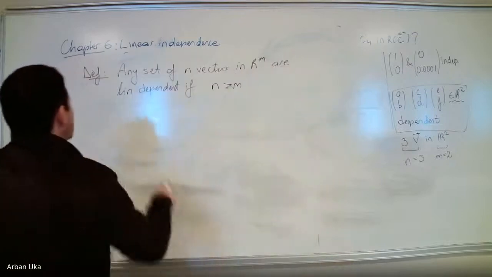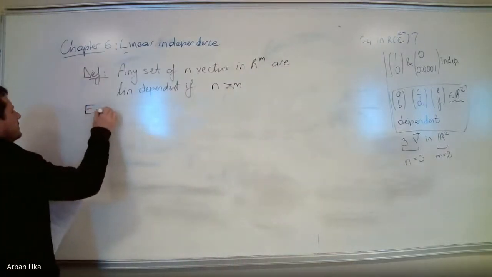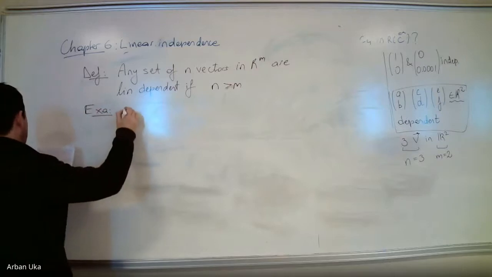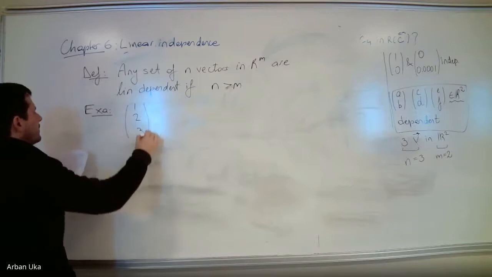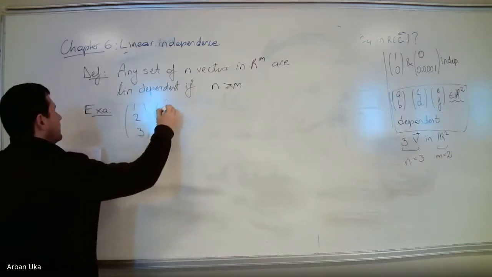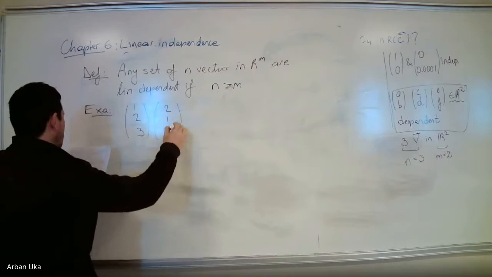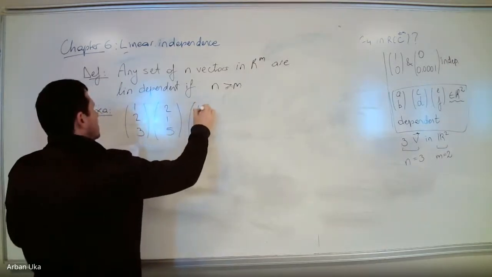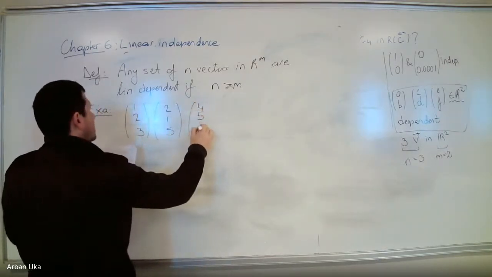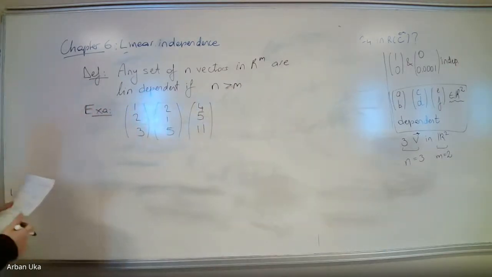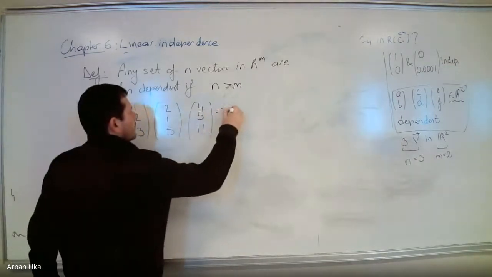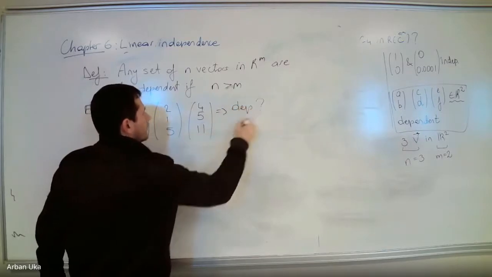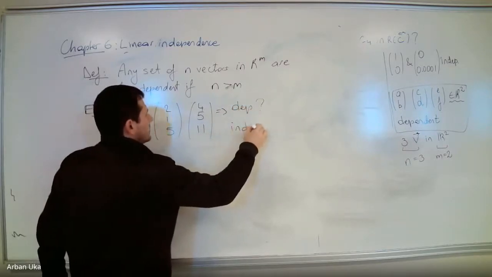Let's see another example. If we have the vectors (1, 2, 3), (2, 1, 5), and a third, here we have three vectors, and the question is, are they dependent or independent?